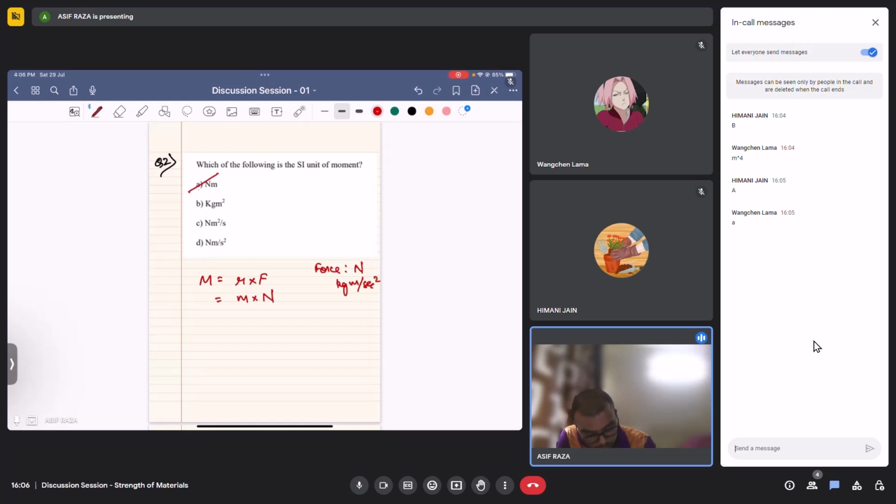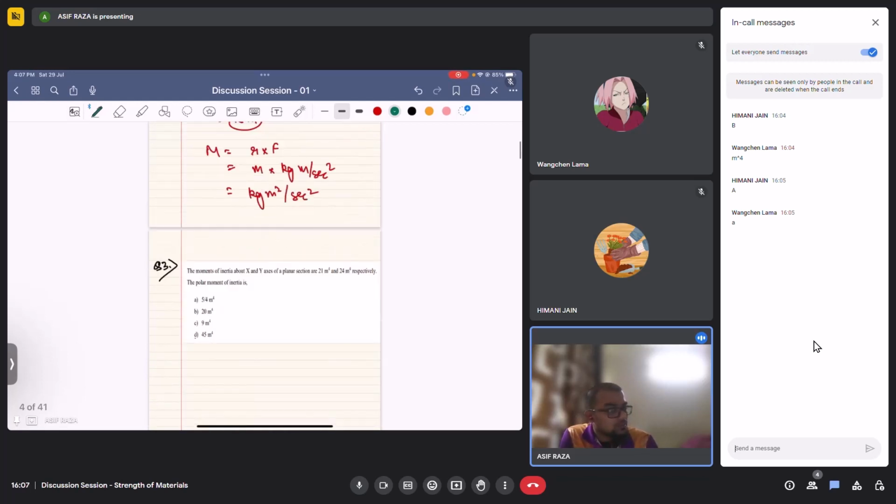So either it would be Newton meter, or R cross F will have a dimension of meter cross kg meter per second square, and that will give me kg meter square per second square. So option A is the correct answer.